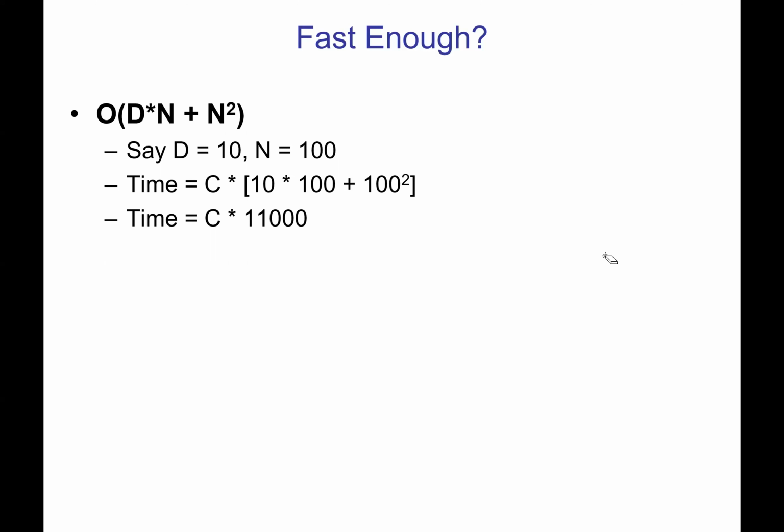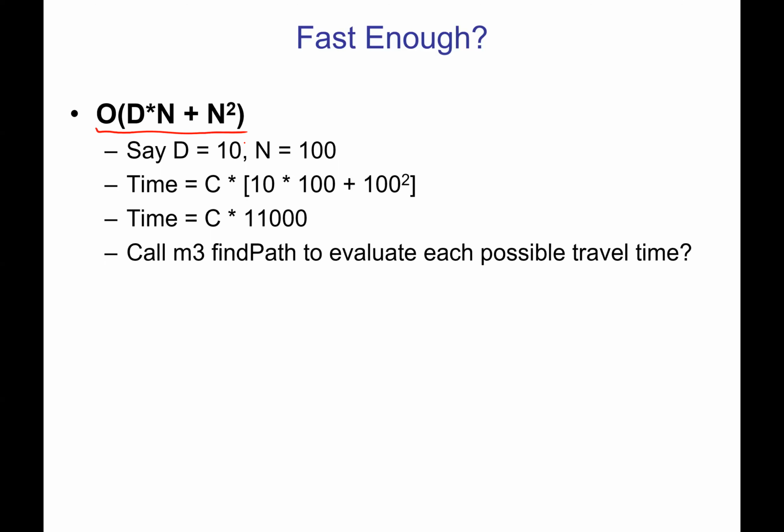If I put all of the decisions in here, it's going to take about 1,100 seconds if I had 10 depots and 100 pickups and drop-offs, even with a good find path. Okay, and we're only going to give you 50. So this is way too big.